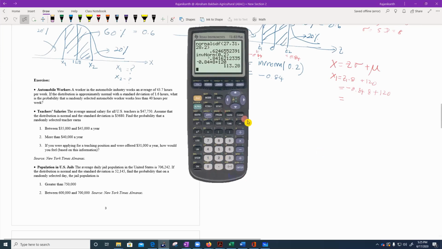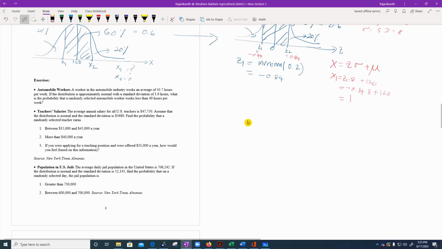So that is 113.28. So 113.28 will be my x1. Now I need to find x2 also. Again, I'm using the same formula, but for x2, you need to plug in our corresponding z value, which is z2 times sigma plus again mu.